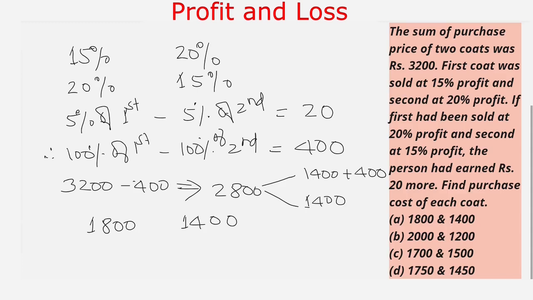So we keep 400 separate. That's why I have subtracted 400 from 3,200 and divided 2,800 equally in two parts and then added 400 to the first part. So the cost of first coat comes out to be 1,800 and the cost of second coat comes out to be 1,400. And from the given options, our answer is option A. This way we can solve this question by shortcut method.